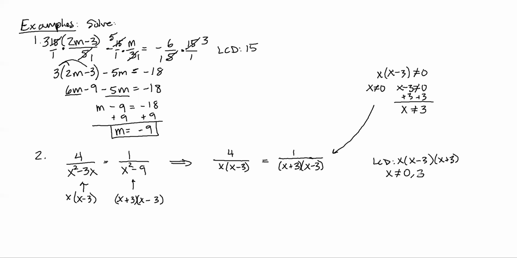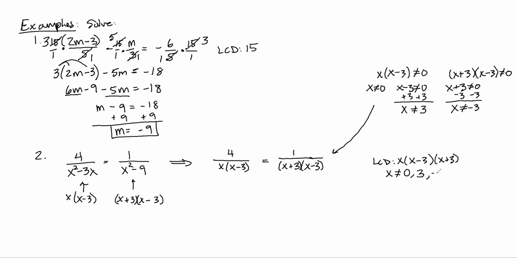And now if we do the same thing with our other denominator, we have x plus 3 times x minus 3 cannot equal 0. Splitting this one up, we have x plus 3 cannot equal 0. Subtract 3 from both sides. We get x cannot equal negative 3.